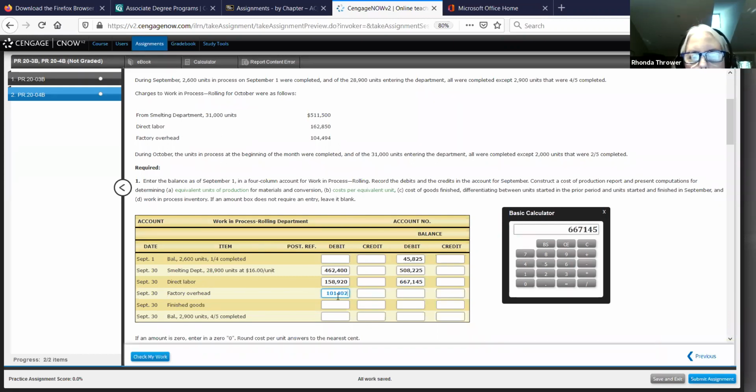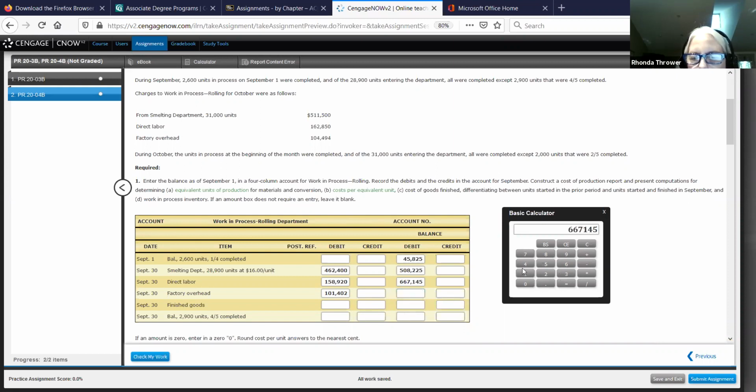And this is going to be added to the work in process account. We will debit the work in process account for the applied factory overhead. So they have determined how much was applied, and they have put it into the work in process account here.